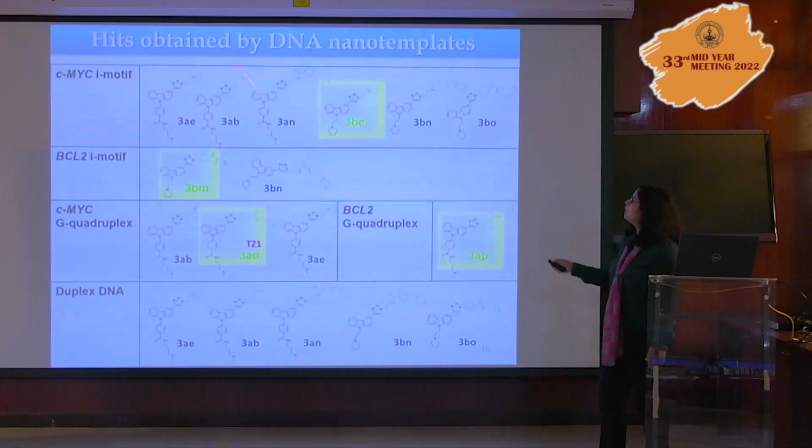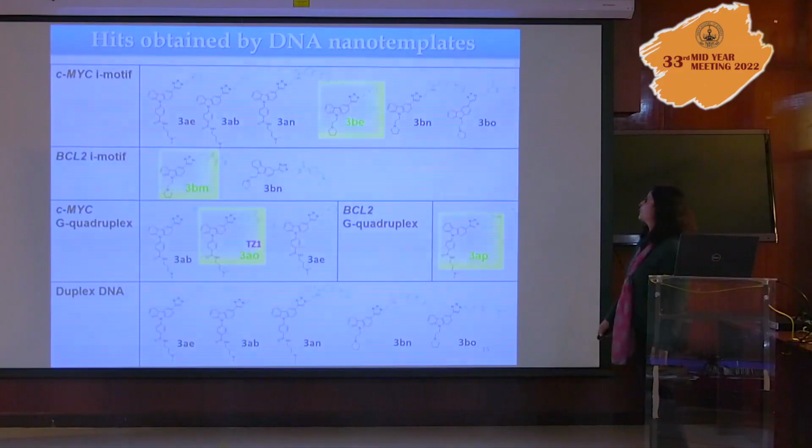Similarly, we could identify a selective lead for each of these 4 DNA secondary structures: the c-MYC quadruplex and its corresponding i-motif, and the BCL2 quadruplex and i-motif. So, without synthesizing all these 136 compounds, we could identify 4 selective leads, and we did not do any biophysical screening to identify the high affinity binders.